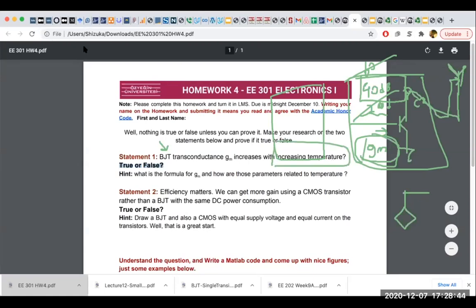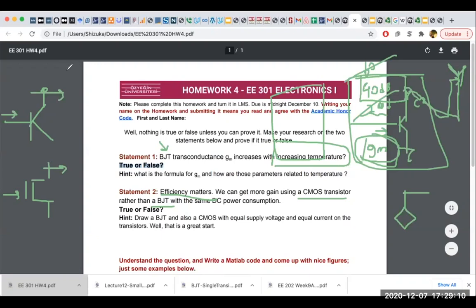The second question is asking you, efficiency matters. Using a CMOS transistor or a BJT, for instance, you can take the example of common collector or CMOS common source. Input, you get the output.